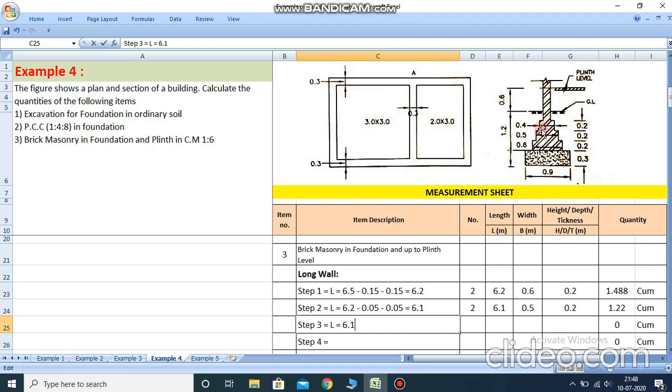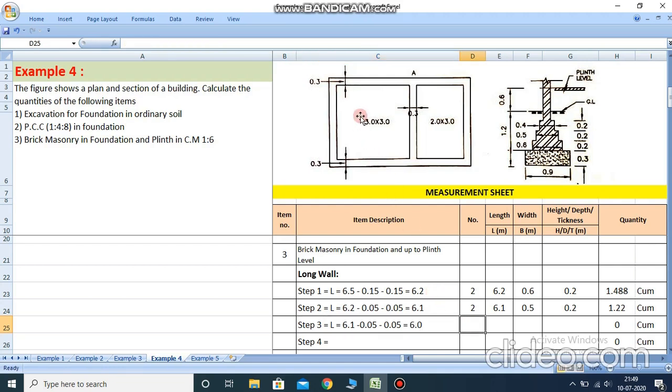So for the left side the offset is 0.05, means this side left side 0.05 and right side 0.05. Clear? So minus 0.05 minus 0.05, so we got the value 6.0. It's the total length in meters.